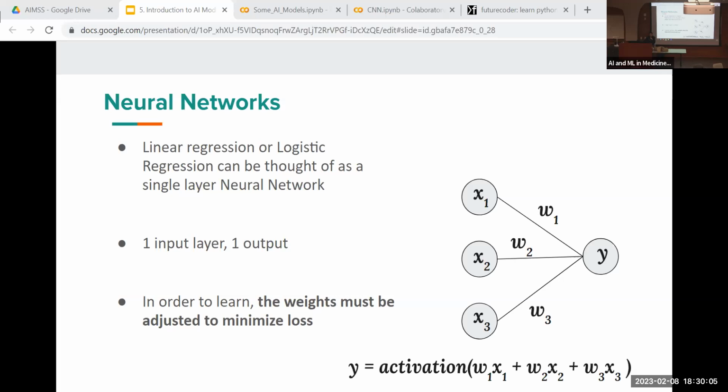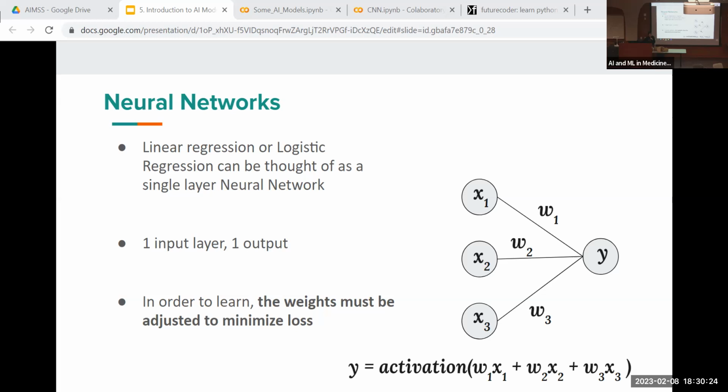The idea is that we have some input, which is called an input layer here, and we have some weights, and we make a linear combination of these inputs, each with different weights, to produce the output.